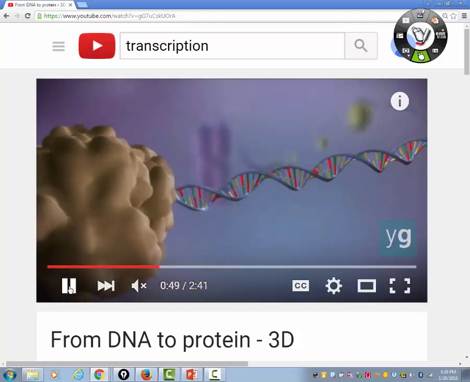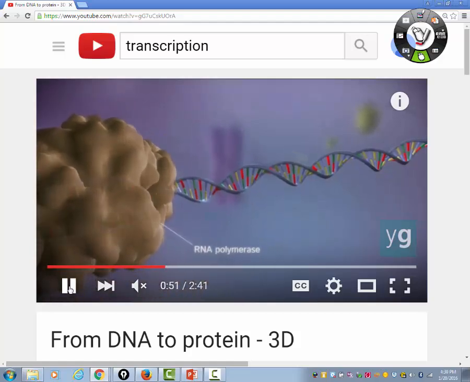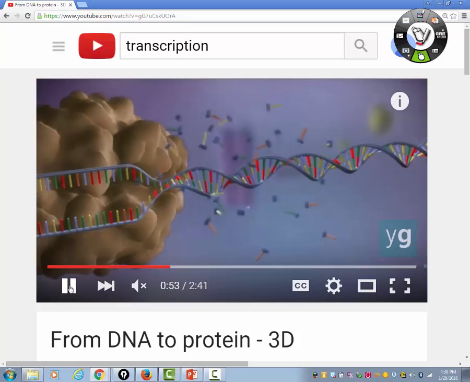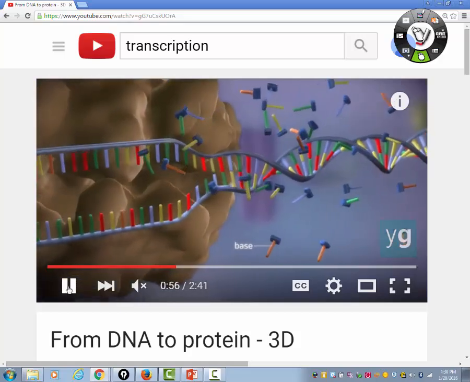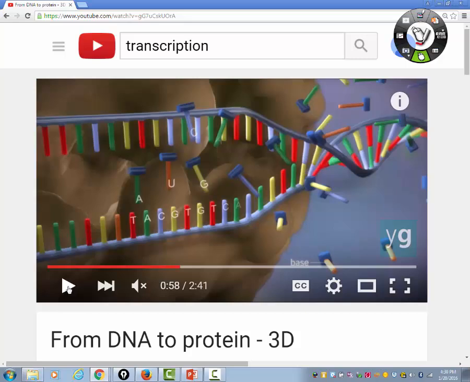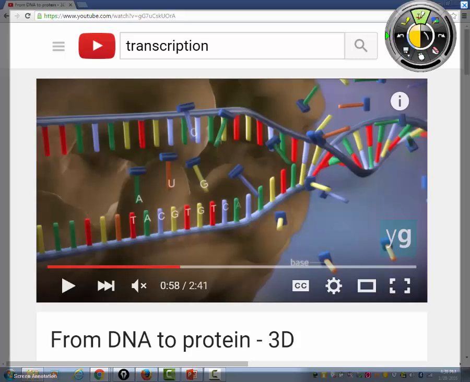So watch. And a big thing that looks like a turd, that's an enzyme, will come in and it will break the connections between the A's, the T's, the C's, and the G's. So in this video, it is showing that this rail, this portion of the ladder, tells you how to put together the proteins, the code for it.